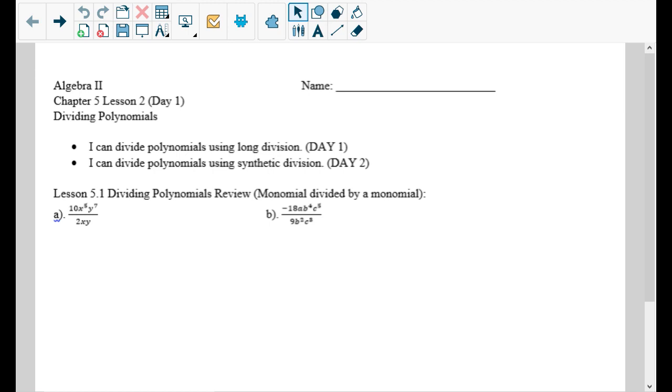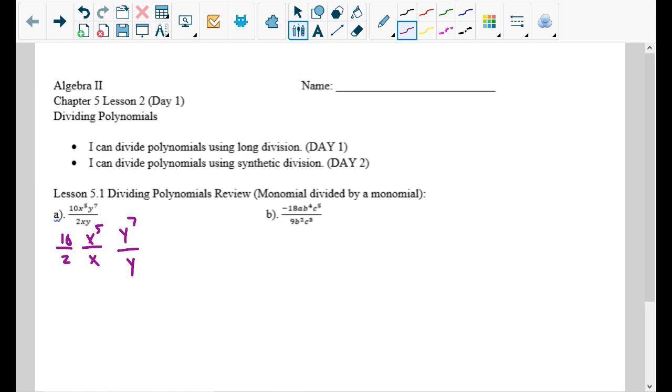We can just have where we're simplifying. Okay, so we have this monomial divided by a monomial here in letter A. So we have 10x to the 5th y to the 7th over 2xy. So again, if you want to, you can always split this up into multiple fractions. So I can take my numbers, 10 divided by 2, my x's, x to the 5th over x, and my y's, y to the 7th over y, and simplify each part.